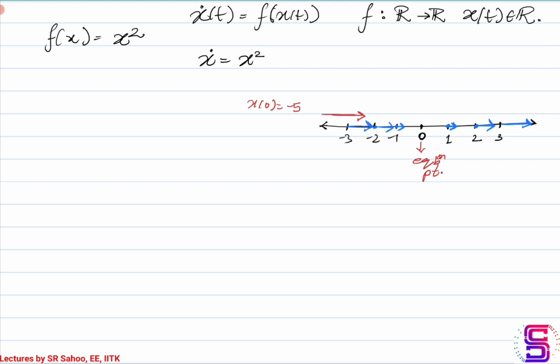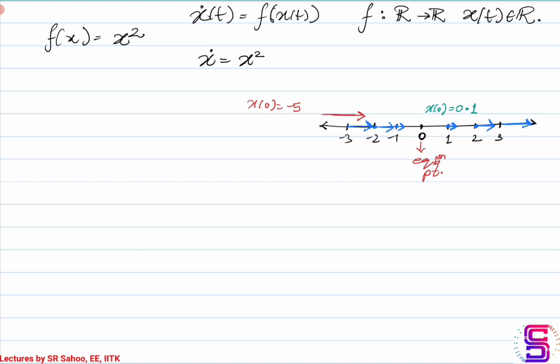Okay, now observe the right hand side of the 0. What happens? Let's say that you start at some point close to 0. Let's say you start at 0.1. So we start at x of 0 equal to 0.1. What is x dot in this case?